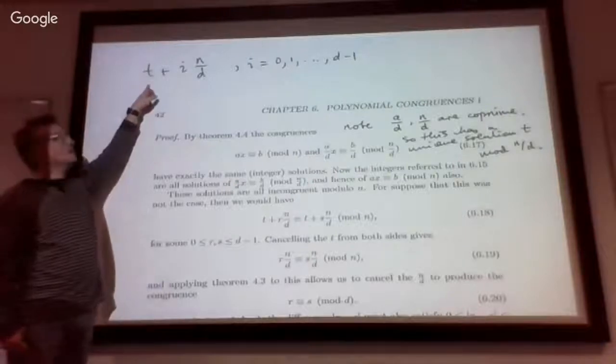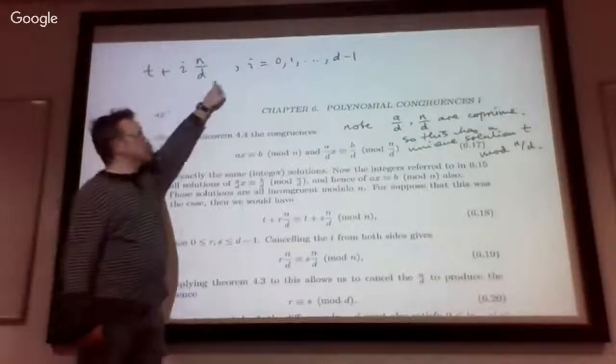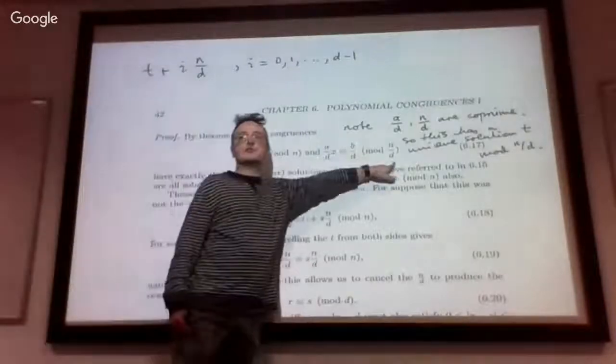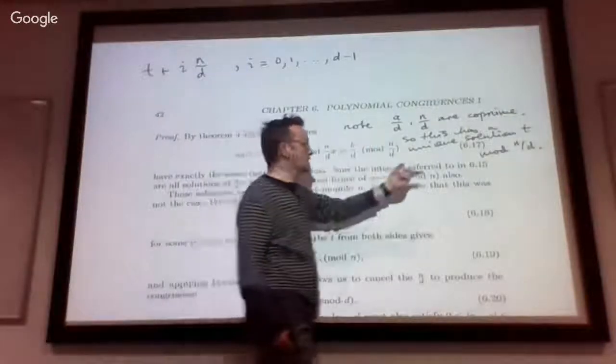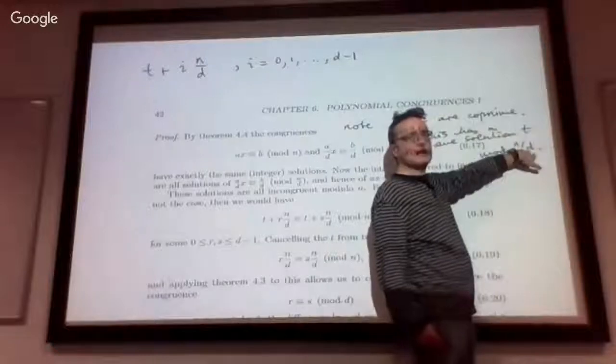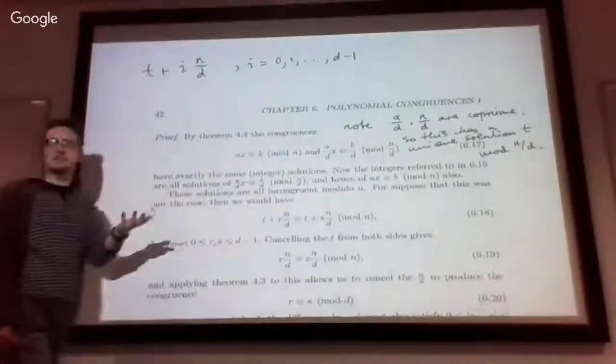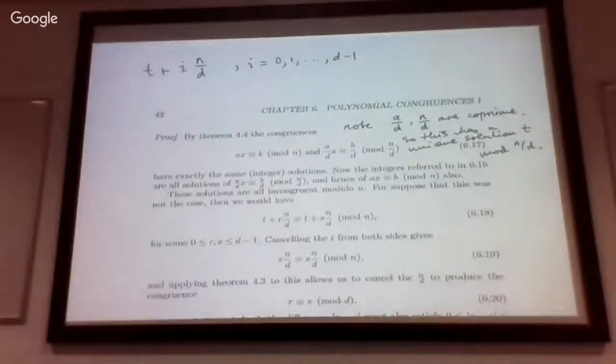Okay? So all of these numbers also satisfy this congruence here, because they're equivalent to t modulo n over d. So t solves it, so does anything congruent to t. So that's the point that's made there.